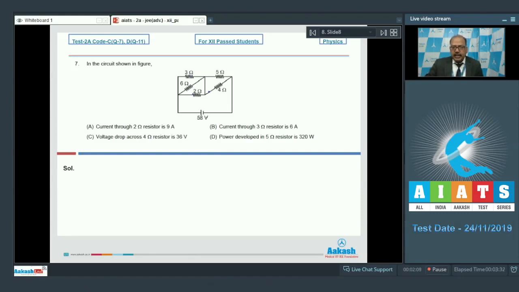So these 3 are effectively giving you 1 ohm, and so total the effective resistance R is equal to 1.